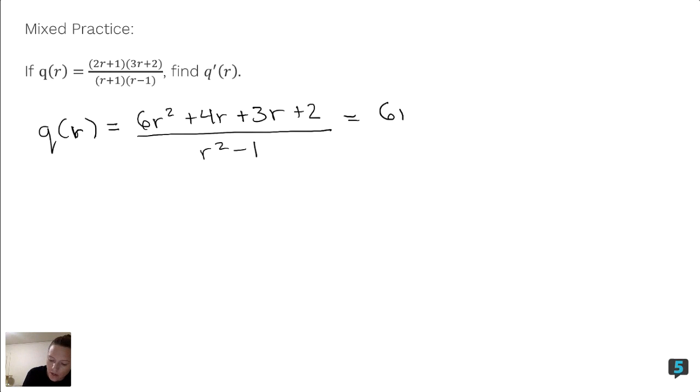That would give us 6R squared plus 7R plus 2 over R squared minus 1. Now, because we did that multiplication up front there, now we can just use the quotient rule.